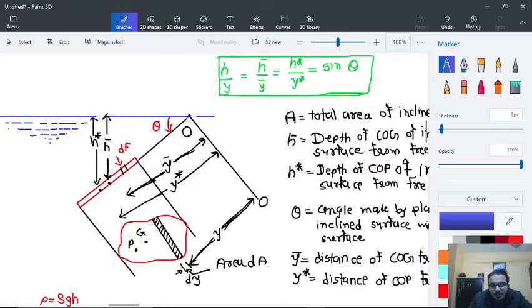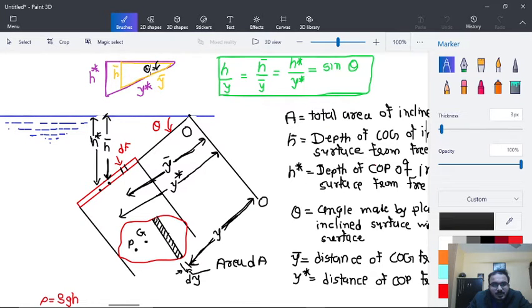I can give you a hint on this, that you can try in this way. Let's say this to be H star, Y star, then up to some location, let's say this triangle, where it is having H bar and Y bar, and the angle is the same.